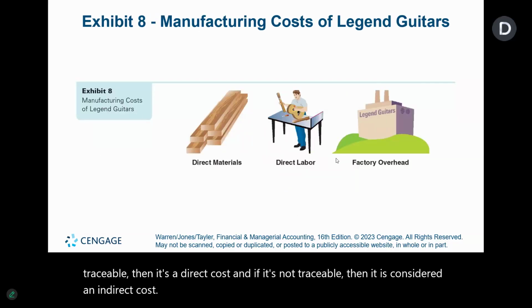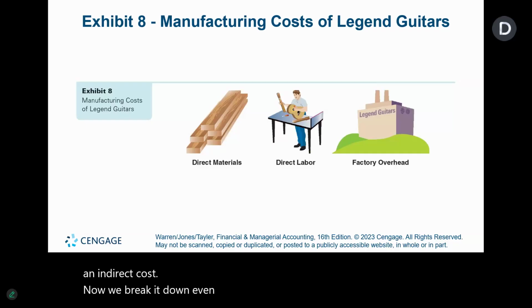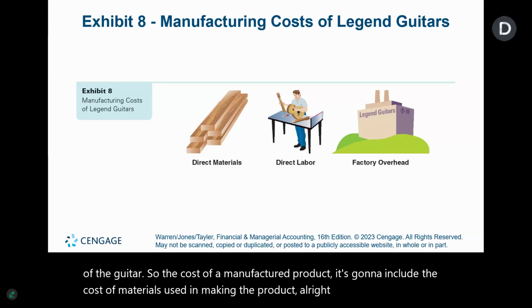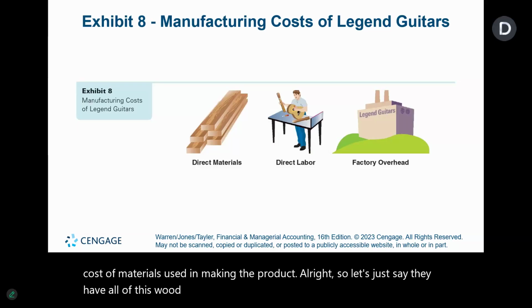So now we break it down even further, right? As it relates to the manufacturing of the guitar. The cost of a manufactured product is going to include the cost of materials used in making the product. All right, so let's just say they have all of this wood, all of these strings, these nails, this glue.